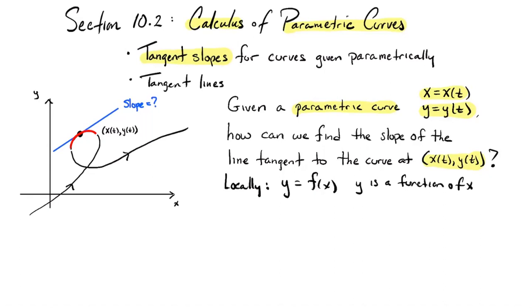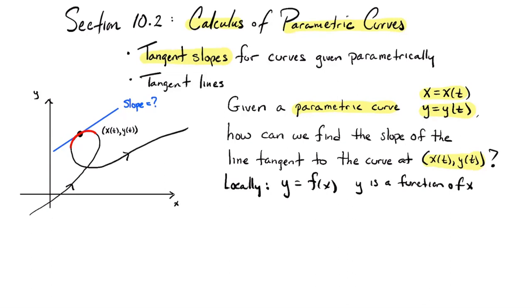But if I only look at that red part of the curve, if I temporarily ignore the rest of it, that little red arc does satisfy the vertical line test. That's what I mean by locally y is some function of x. If I stay in some small neighborhood of that point, then the y values are some function of the x values.